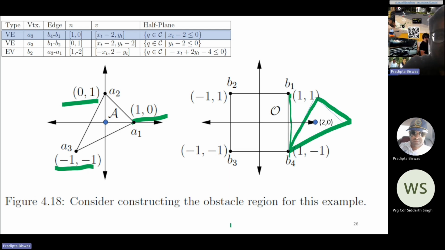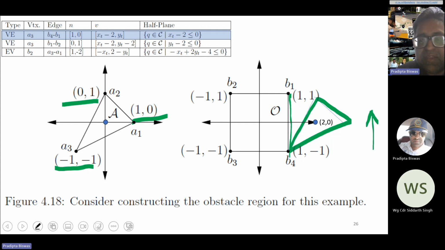So this is a V type of joint, because the robot vertex will drag along the edge of the obstacle. The robot vertex is A3, you can see on the top row. The edge is B4 to B1. The robot is going in this direction.